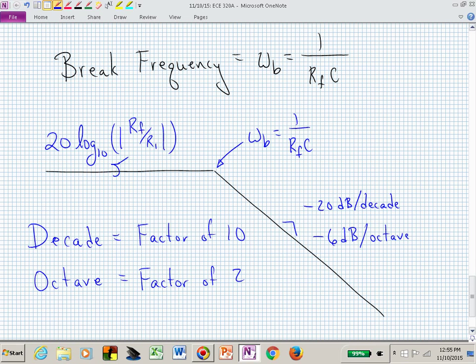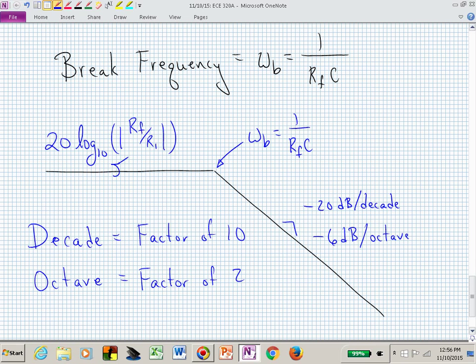Yes. Oh, thank you. So the minus 20 dB is relative to where you're starting. So maybe I should have said that R sub F and R sub 1, let's say that they were exactly the same resistor. Then where would I have been starting? 0 dB. Then I would be always going down.